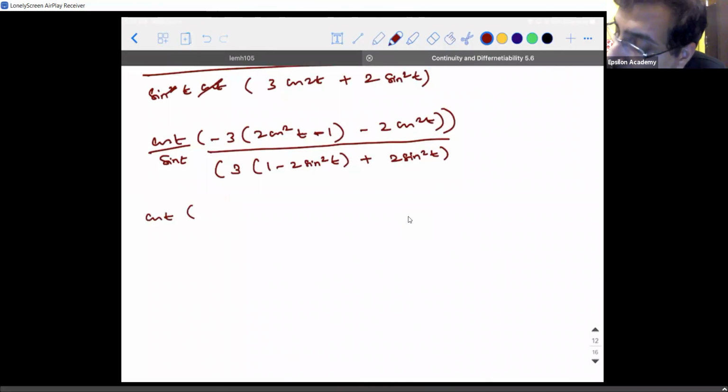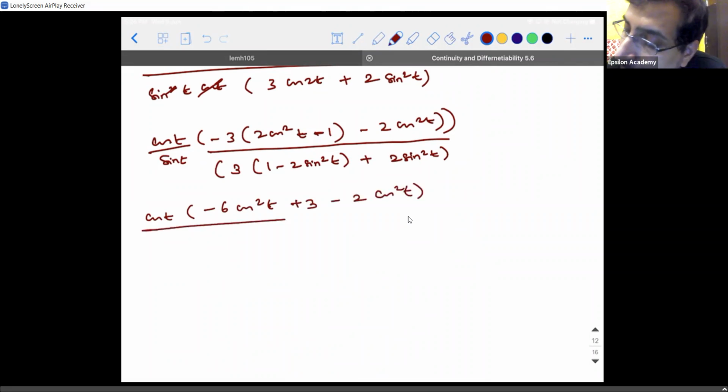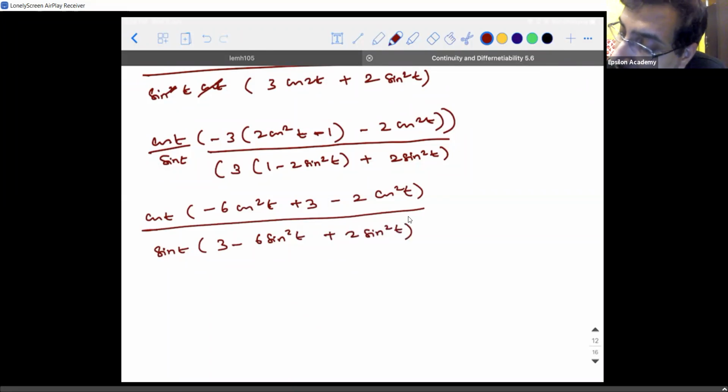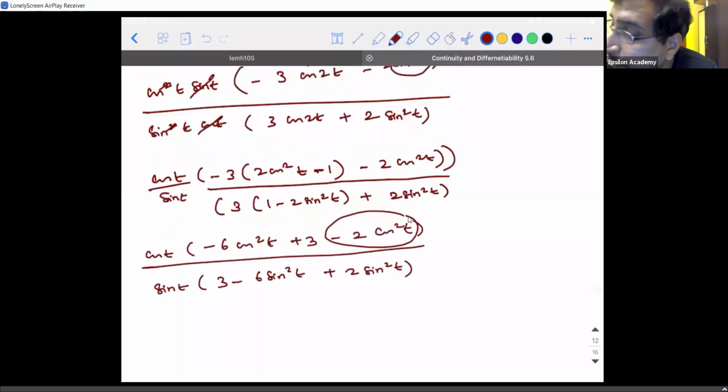So cos t into minus 6 cos square t plus 3 minus 2 cos square t, the whole divided by sin t into 3 minus 6 sin square t plus 2 sin square t. Check the sign of this one alone, please. Can you guys revisit and check the sign?